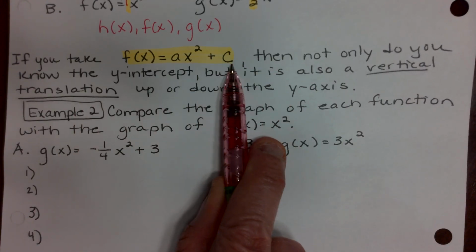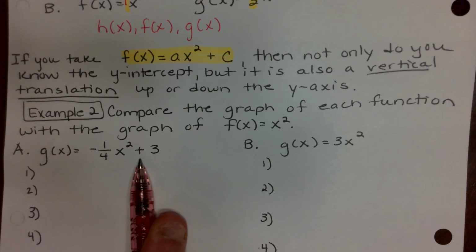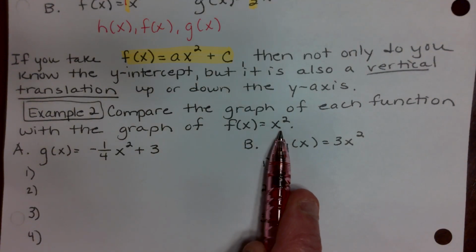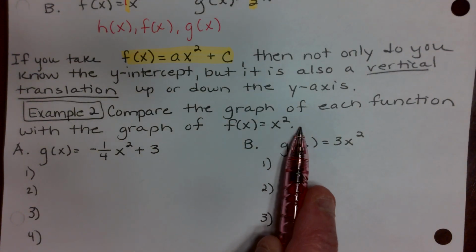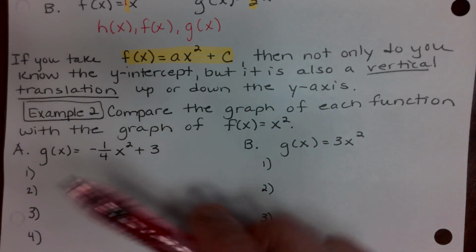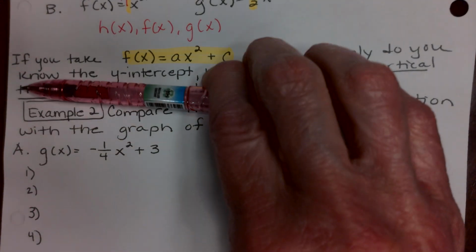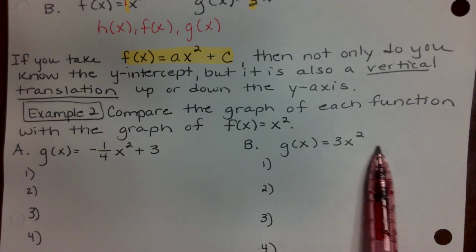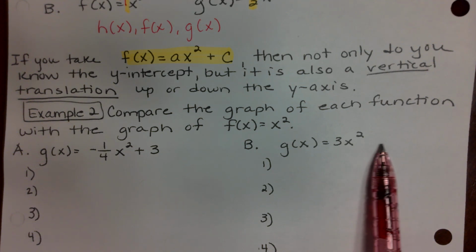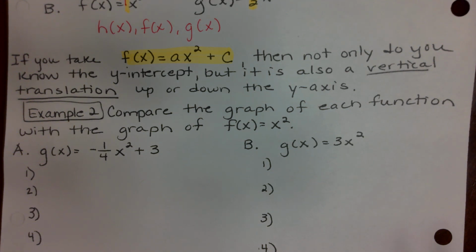So when you see plus c, like here, plus 3, compared to a parent function, see there's no plus here, plus 3, that means that that parabola moved up 3 units. If there's nothing being added or subtracted, then its vertex is 0, 0. It doesn't go anywhere. Okay?